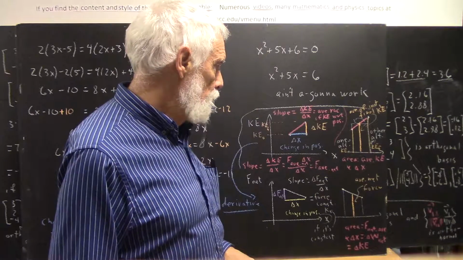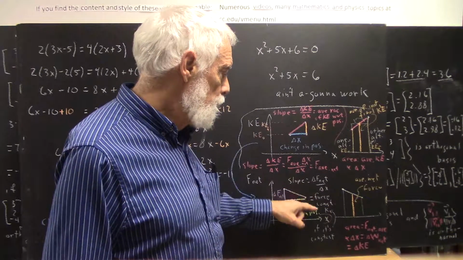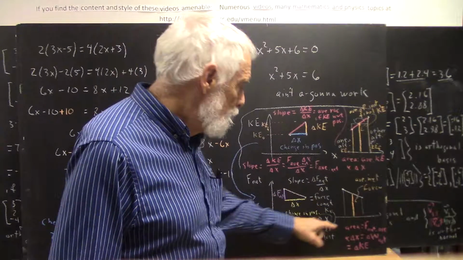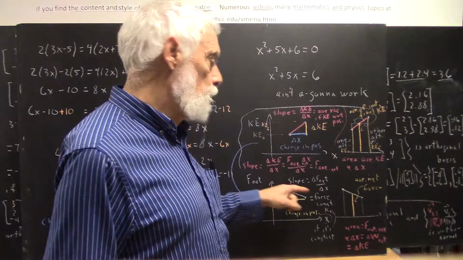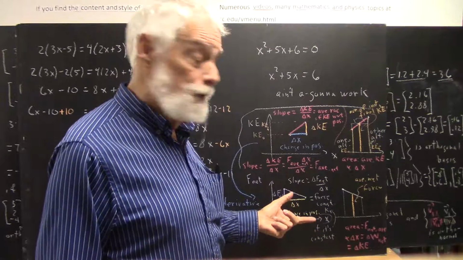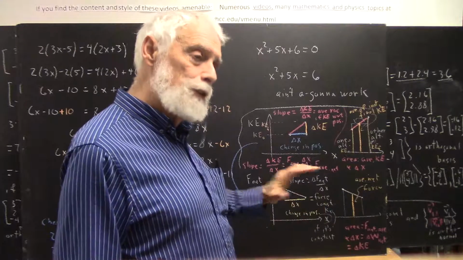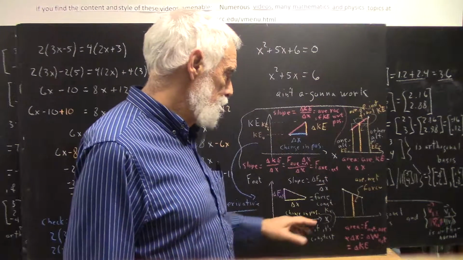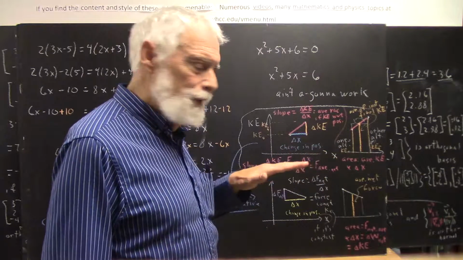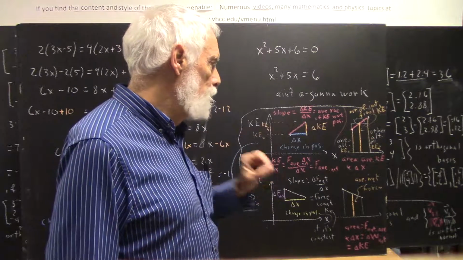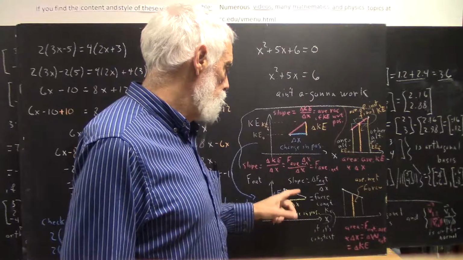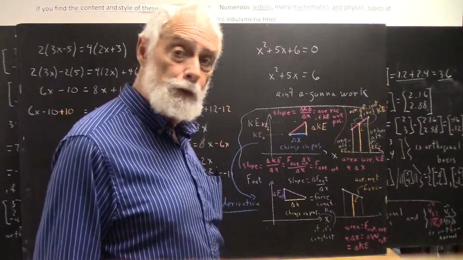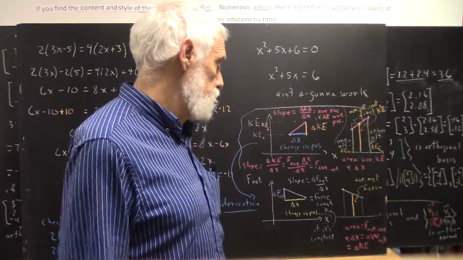So the slope would be your force constant if the slope is constant. And you can still approximate your results based on a force constant, based on a straight line that does a good job of fitting the graph. So the slope of a net force versus position graph is very important.